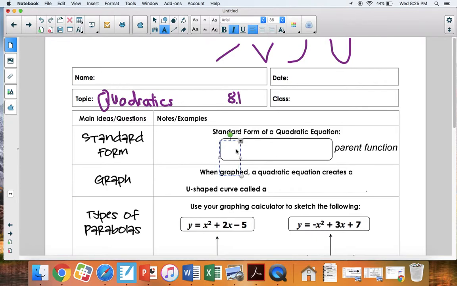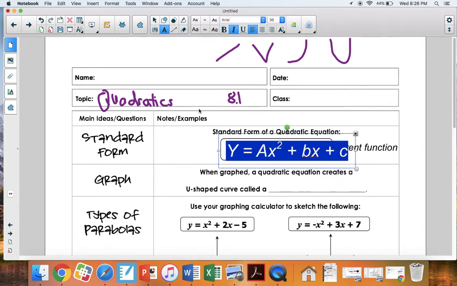The standard form of the quadratic equation is y equals ax squared plus bx plus c.